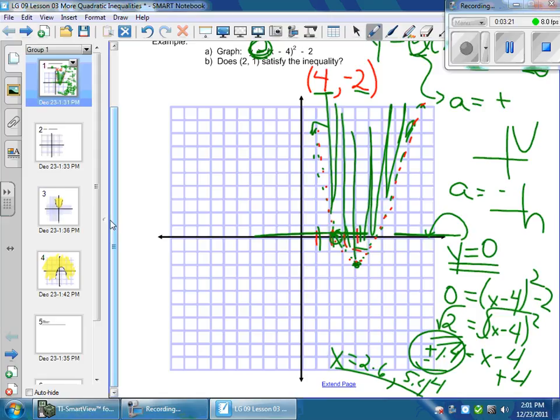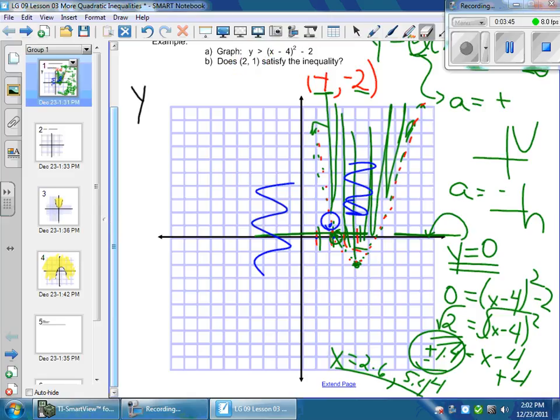So here comes the next question. It says, does (2, 1) satisfy this inequality? Well, the way I drew it, (2, 1) looks like it's right close to the edge. Who knows? It could be in this section in here, or it could be out here. You have to figure out, does this actually satisfy the inequality? Well, here's an easy way to do it. Simply go back to the original inequality.